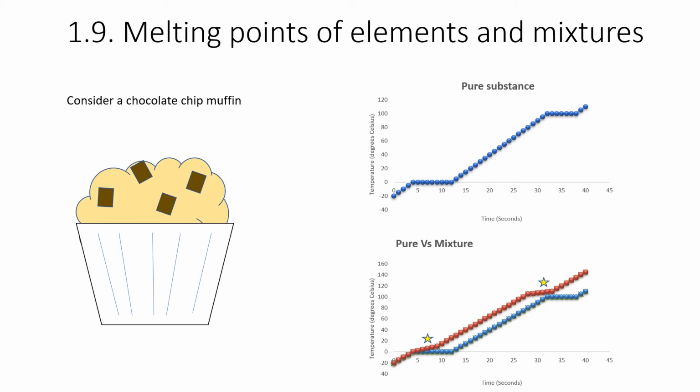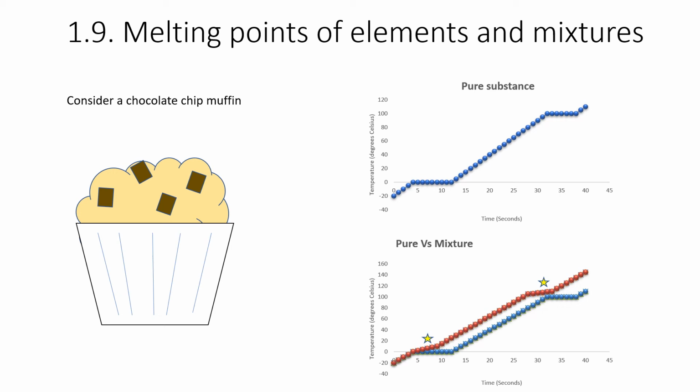So let's say the chocolate chips start melting at 50 degrees C, and then eventually the cake starts to melt at 150 degrees C. When referring to the whole mixture, we would say that it melts over a range of temperatures, from 50 degrees to 150 degrees. When we represent this on a graph, as you can see in the bottom right, we don't get any plateaus for the mixture, because it doesn't melt all at once, but over a range. So that red graph there shows that there are no plateaus.